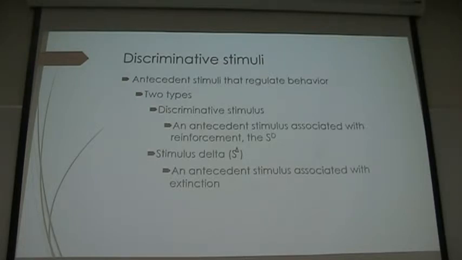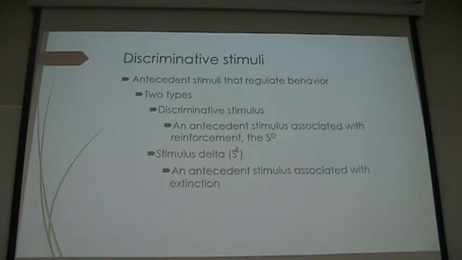Now, an S delta is a stimulus that signals that if you engage in that same joke-telling behavior, that behavior will be placed on extinction. So what group of people would be the S delta for you? My mom. Maybe some other people. They don't provide any reinforcement or punishment. Nothing. It's like the crowd at a comedy club where they don't laugh after the comedian tells a bad joke, and it's just dead.